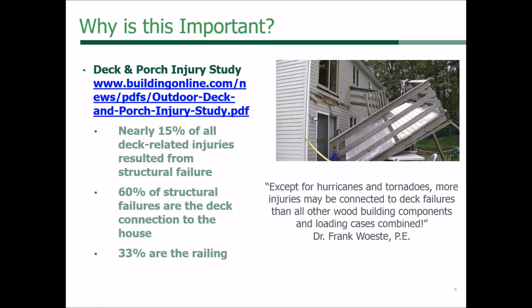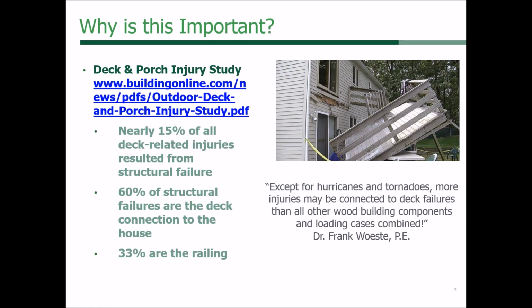Most of them are caused by the exact same thing you see in this picture, where the ledger of the deck basically fell away from the house. That was a big issue, so research was started. Codes were wanting to address it, and AWC was tasked with coming up with a document to make decks safer.